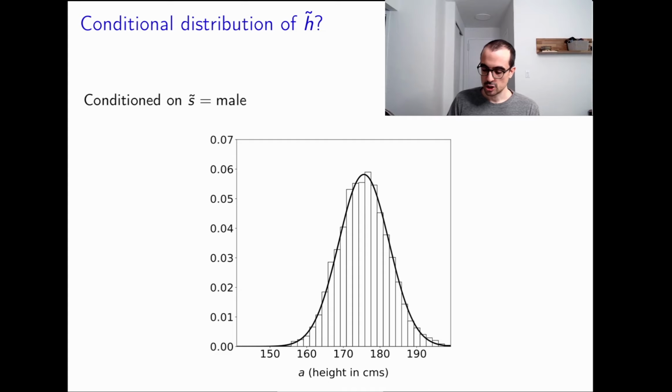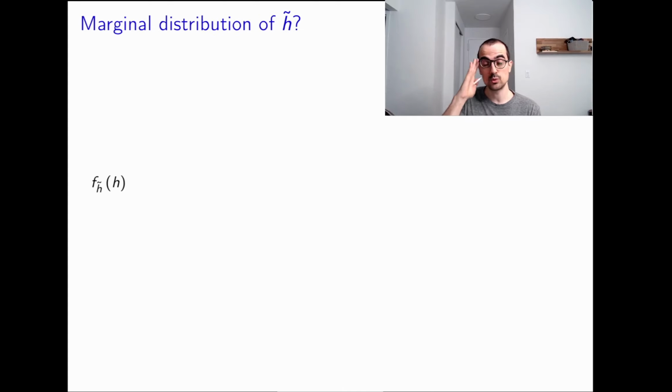Great. So now we actually want to have a model for the general height in the population without S. So how can we achieve this? We want the marginal PDF of H. And if you remember, and if not, go review the joint distribution between continuous and discrete random variables.